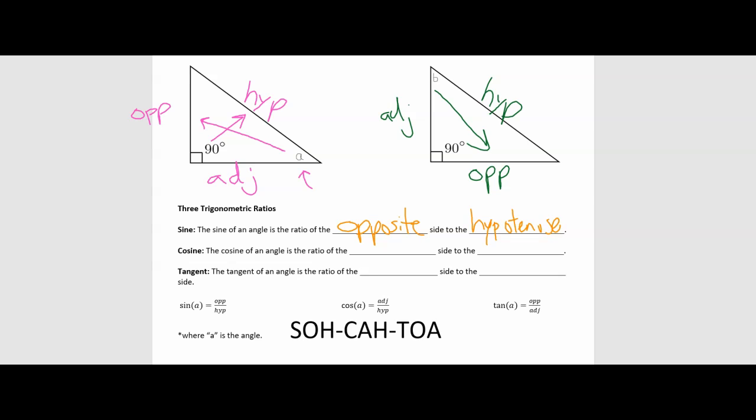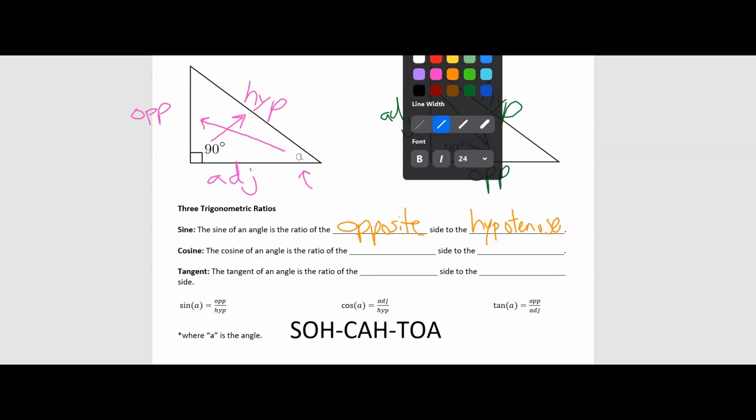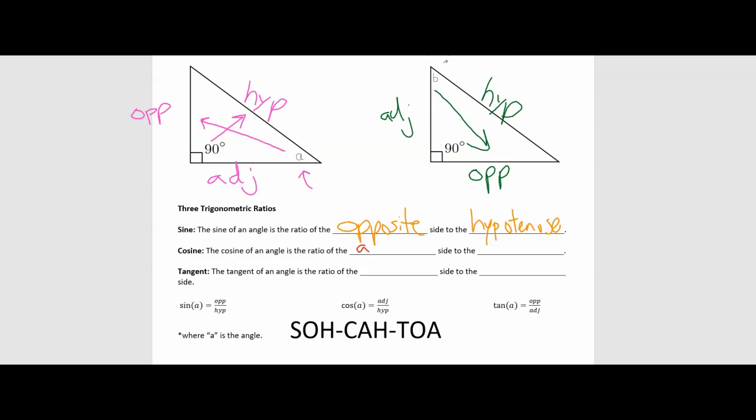Cosine is the ratio of the adjacent side to the hypotenuse. And tangent, the tangent of an angle is the ratio of the opposite side to the adjacent.